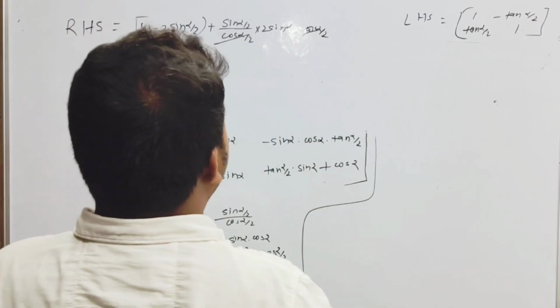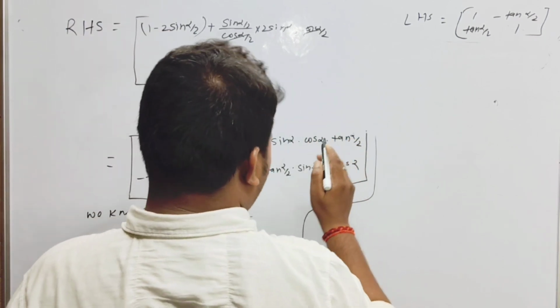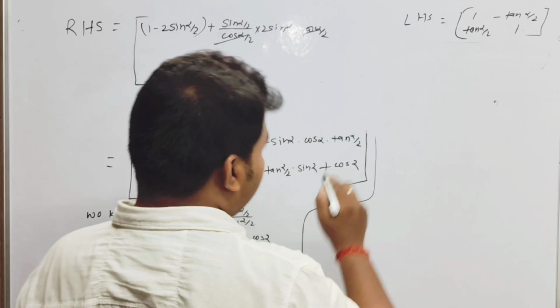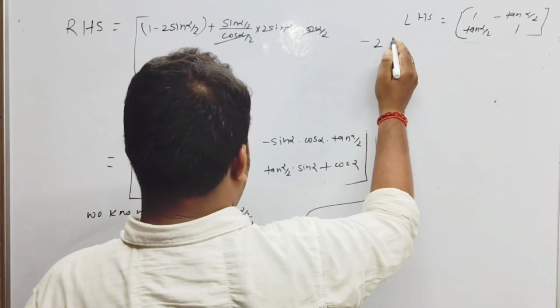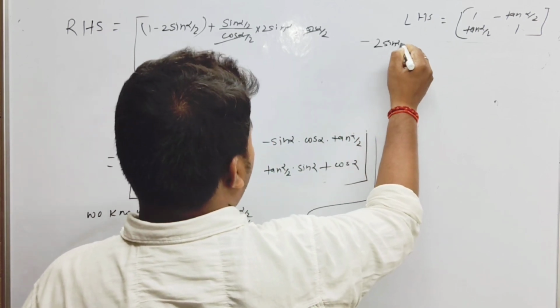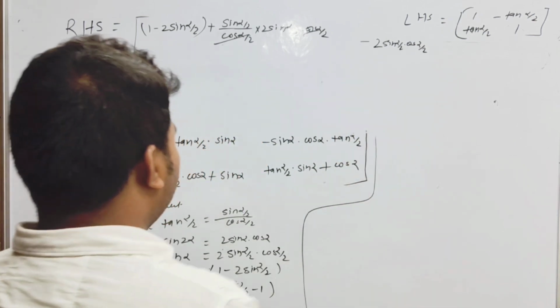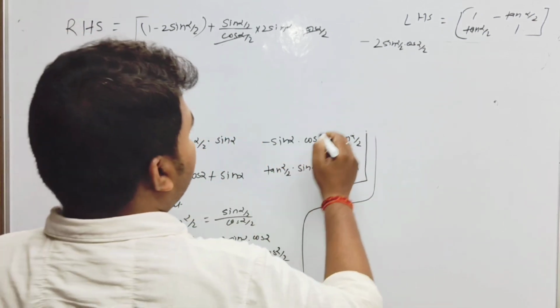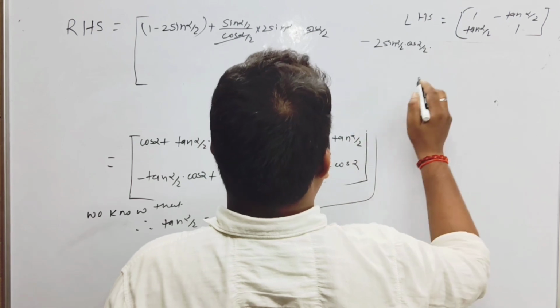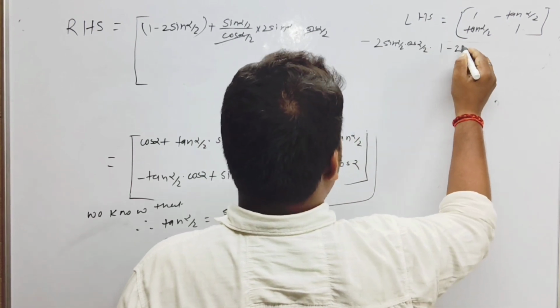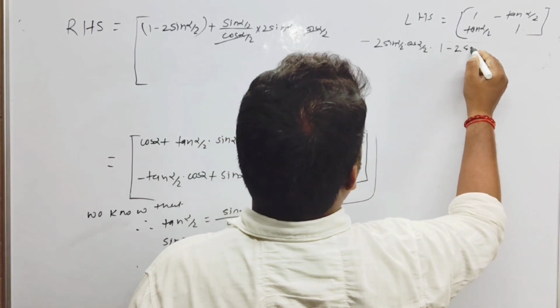Okay, then we write minus 2 sin alpha by 2 into cos alpha by 2, that means 1 minus 2 sin.